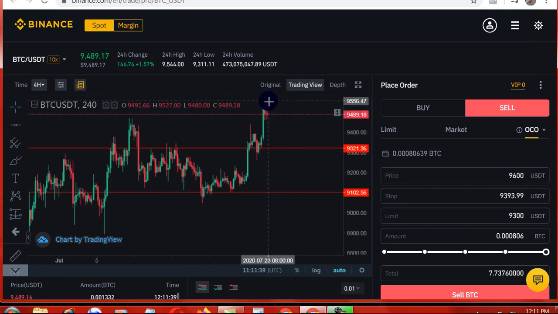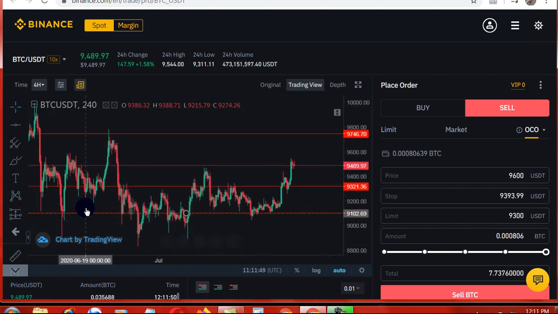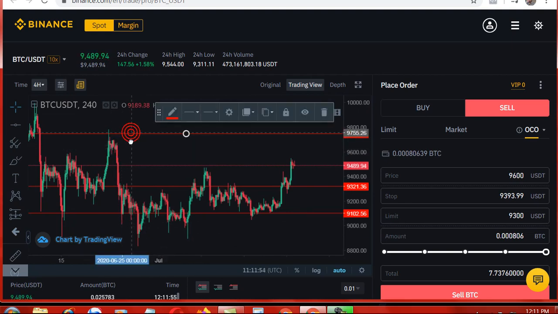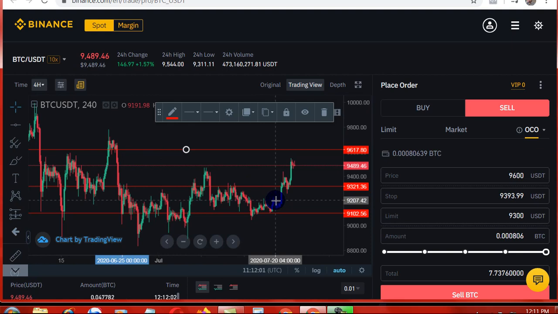You believe that's the next region of resistance, where bitcoin should get to and there will be major resistance, so you want to set your targets in that region.